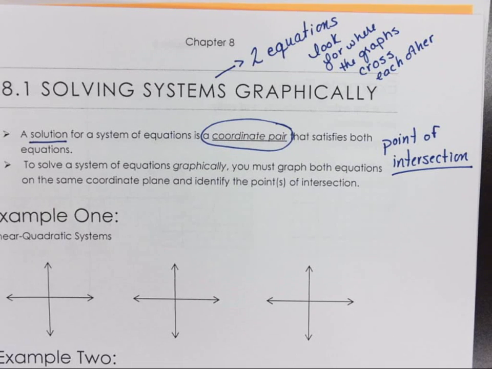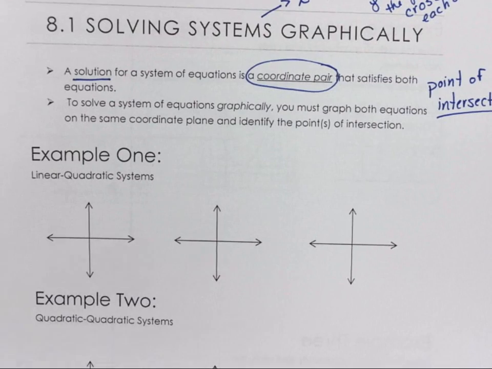A point of intersection, with an S, is where the two graphs cross each other. So just know that there's a difference there. To solve a system graphically, you must graph both equations on the same coordinate plane and see where they cross each other. So we're going to do some rough graphs here.